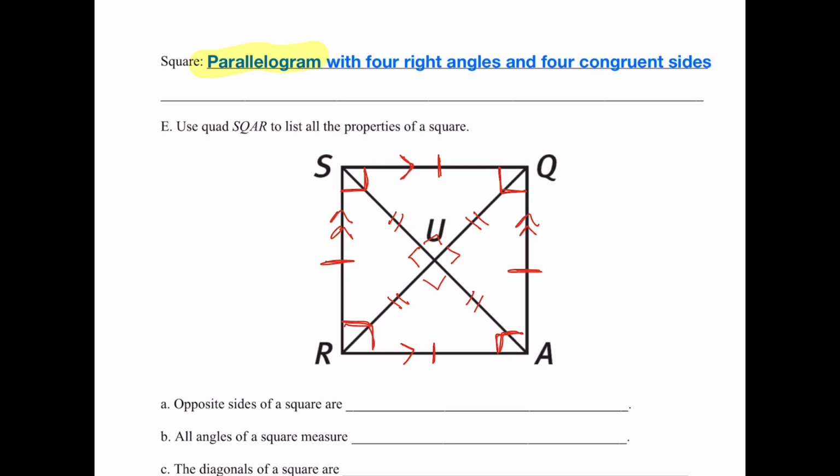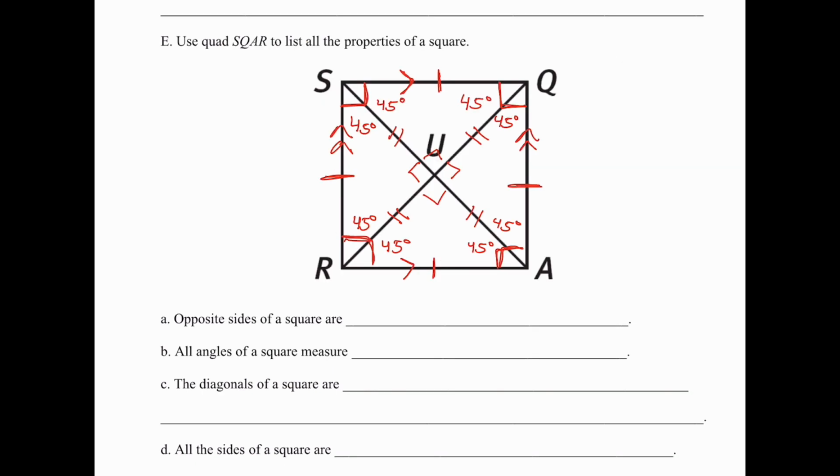I also know that the diagonals bisect all of the angles. And if I know that all of the angles are 90 degrees, then I know that all of these individual halves are 45 degrees. So let's fill in all those properties.